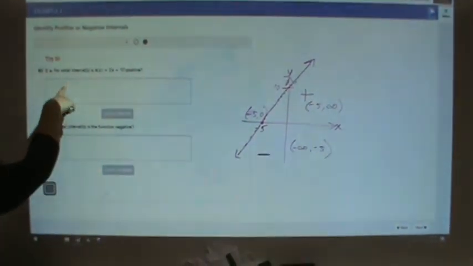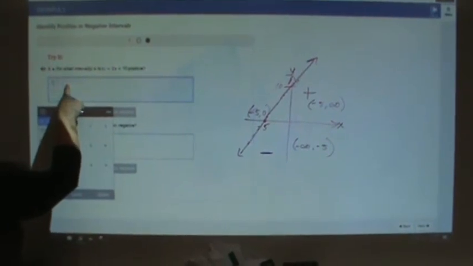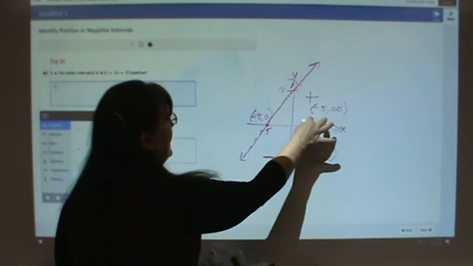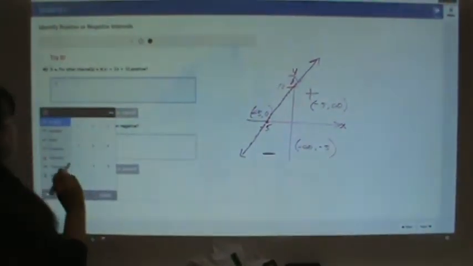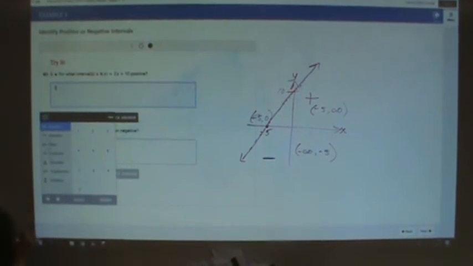So how would you write that? We're going to write it in interval notation. So you would copy off of your notes exactly what you have here. So it's positive at -5, positive infinity.